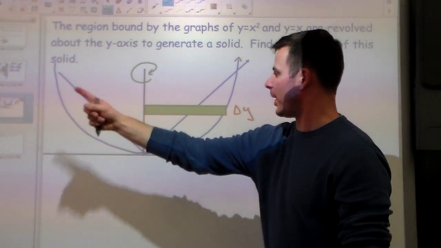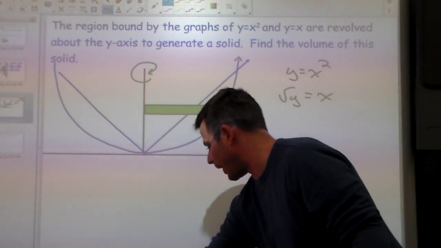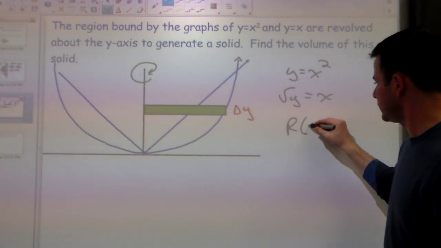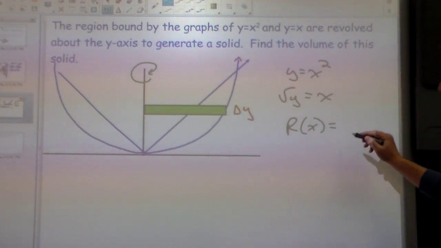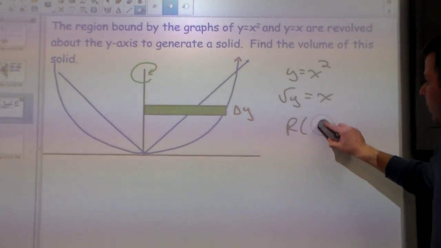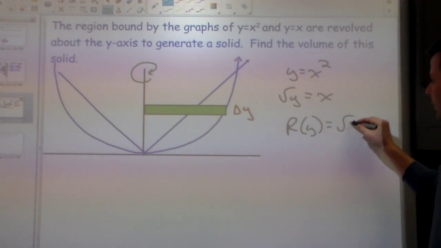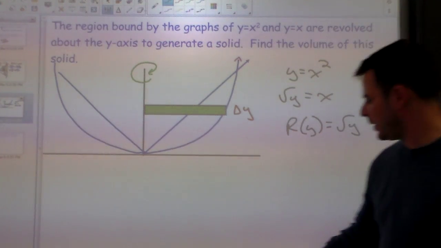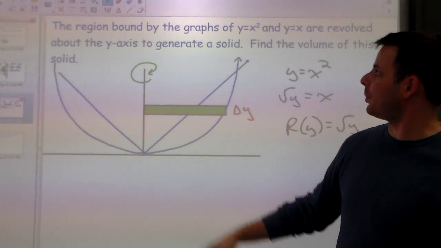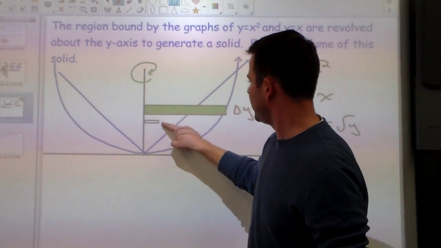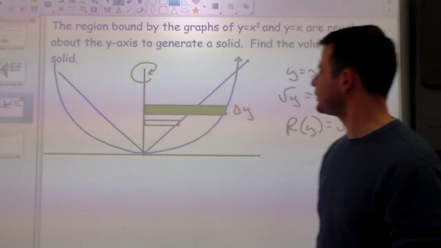This will be revolved about the y-axis. So our outer radius, r of y, not r of x, equals radical y.